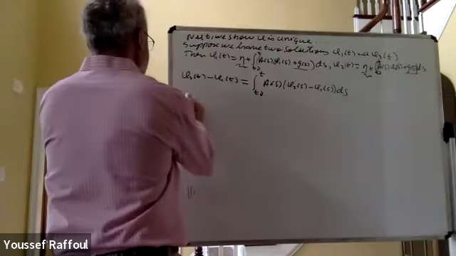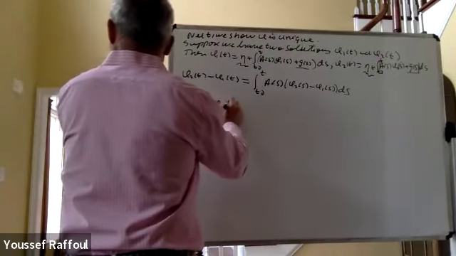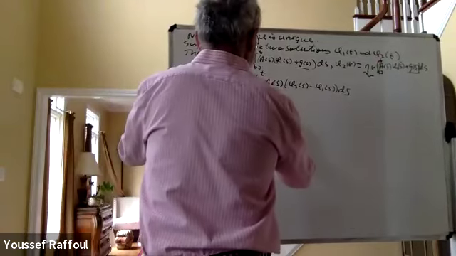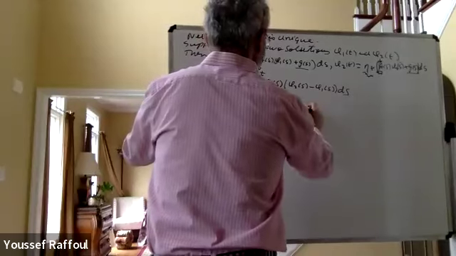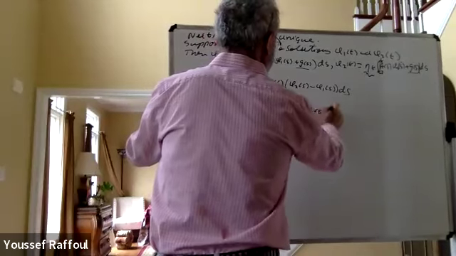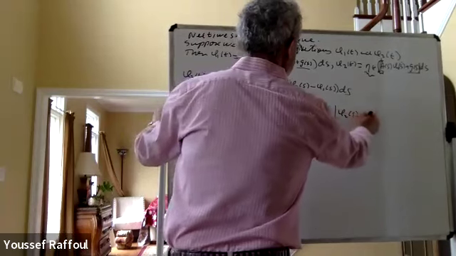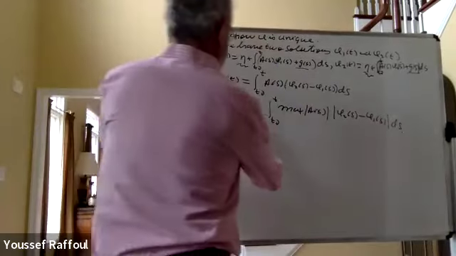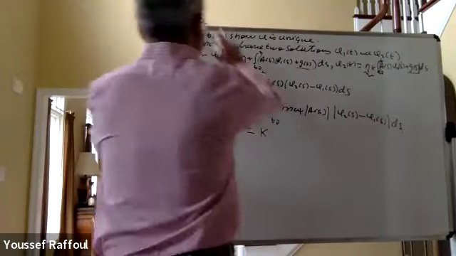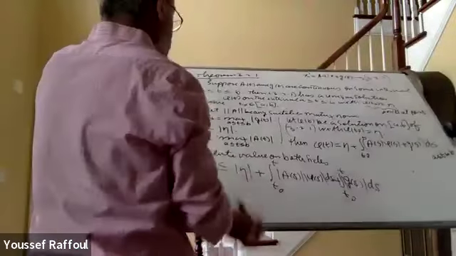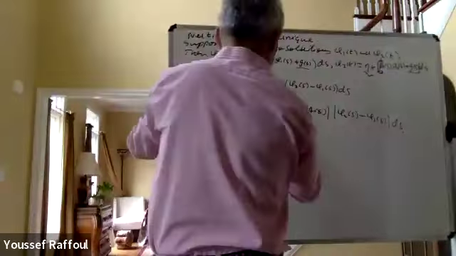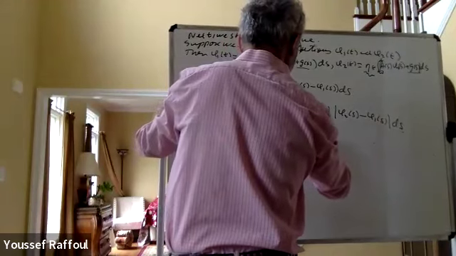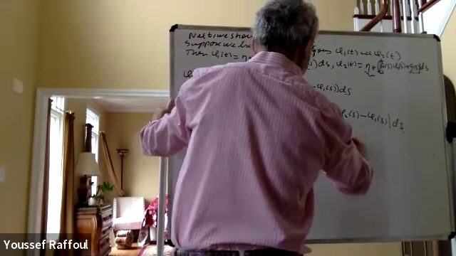So if I take the absolute value, it is less or equal to the integral from t naught to t of the max of a(s) times the absolute value of phi 2 of s minus phi 1 of s ds. This is less or equal to, what is the max of the matrix? It is K3, times the integral from t naught to t of phi 2 of s minus phi 1 of s ds.